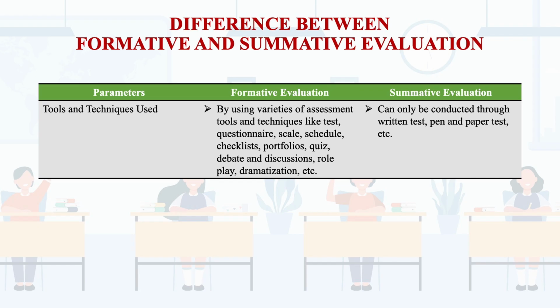That's why many tools and tests are used, such as a test, a questionnaire, a scale, a schedule, a checklist, portfolio, quiz, debate and discussion, role play, dramatization, demonstration, all such things in formative evaluation. But summative evaluation is mostly conducted only through written, pen and paper tests, or many a time a practical examination, if there is scope for using certain practicals in the program and the course.